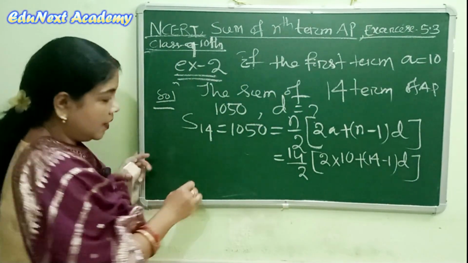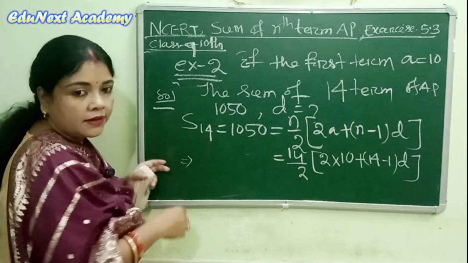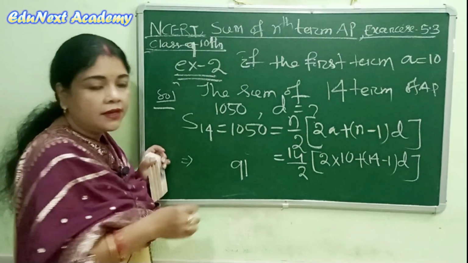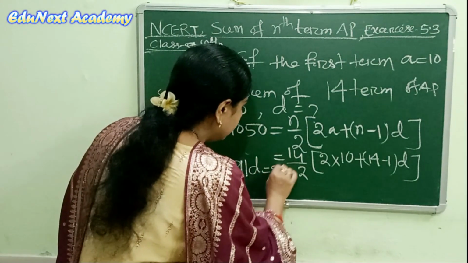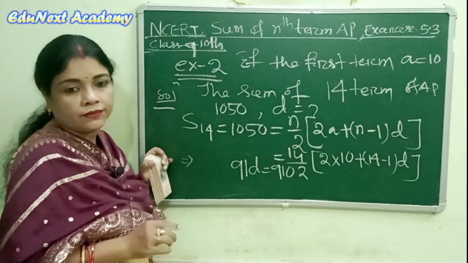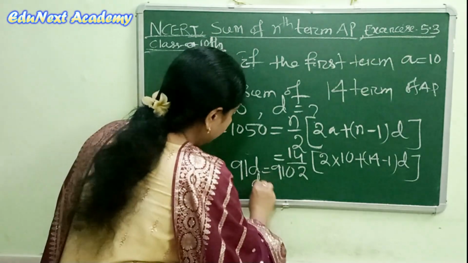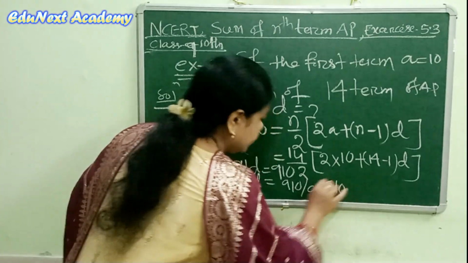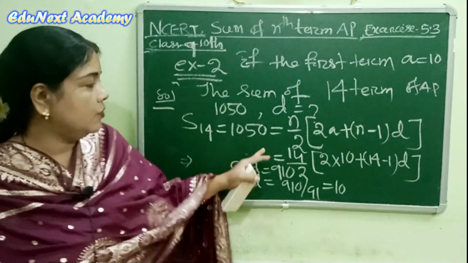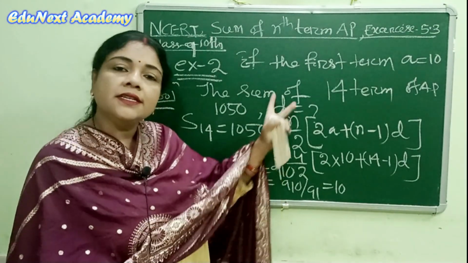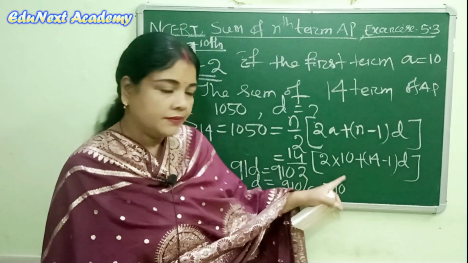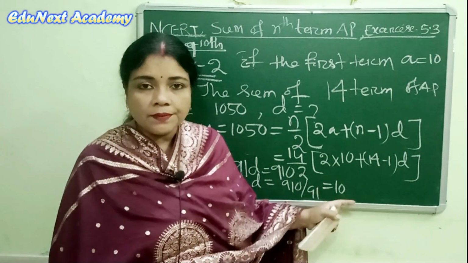Got it? Now after solving, 91d is equal to 910. So d is equal to 910 by 91, that is equal to 10. I have omitted two steps. It is a general solution and you can solve it at home. Very easy, multiplication and subtraction.